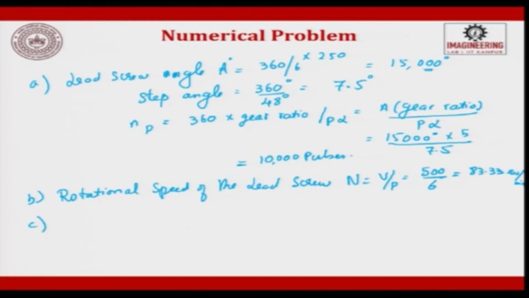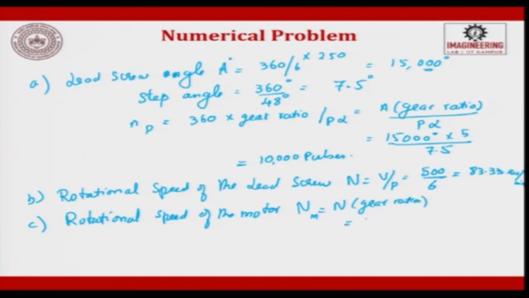the rotational speed of the motor is Nm equal to N into gear ratio, which is nothing but 5 multiplied by 83.33.